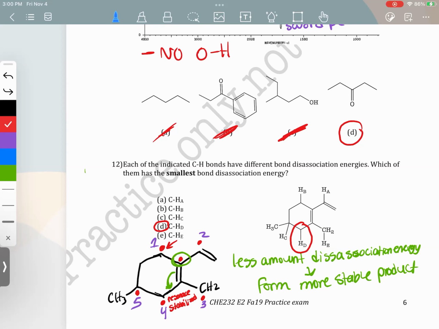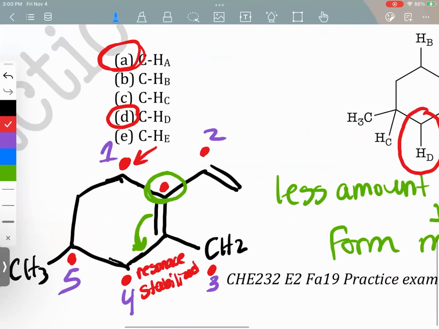So for questions like this, I believe he wouldn't take off points if you had chosen A too, because it's the same type of stability it would have with that double bond. I would say that both A and D are right. A and you mean B or you mean A? Yeah, D. I would honestly say that A and D would both have a lower dissociation energy because A can also resonate.